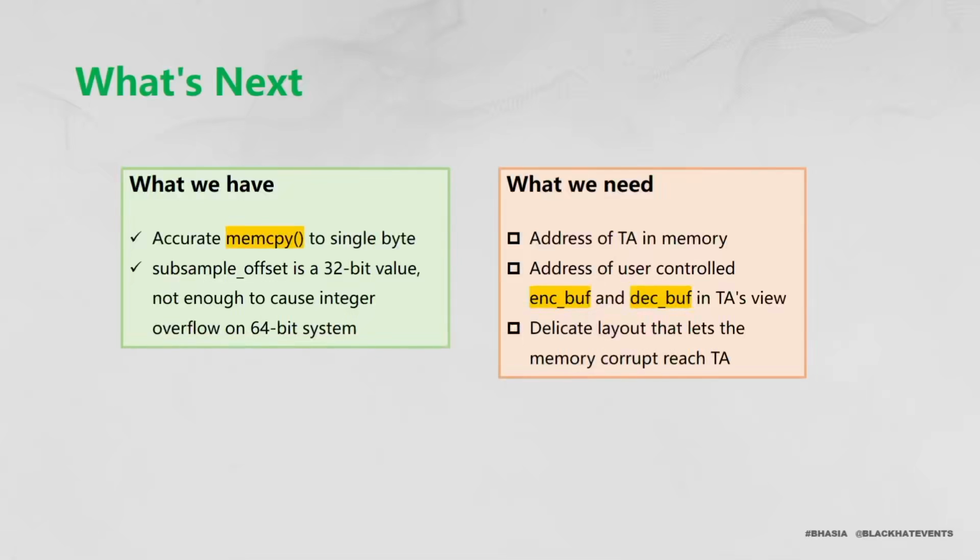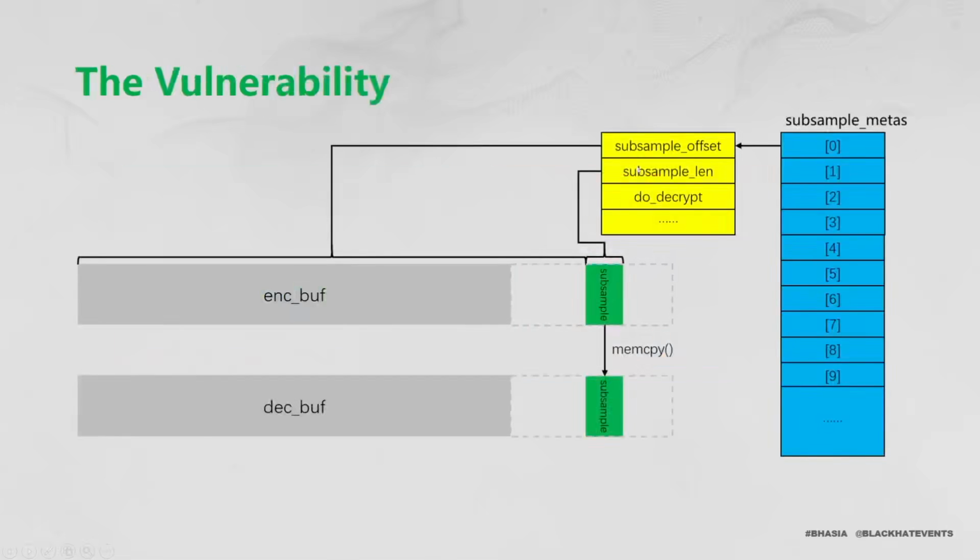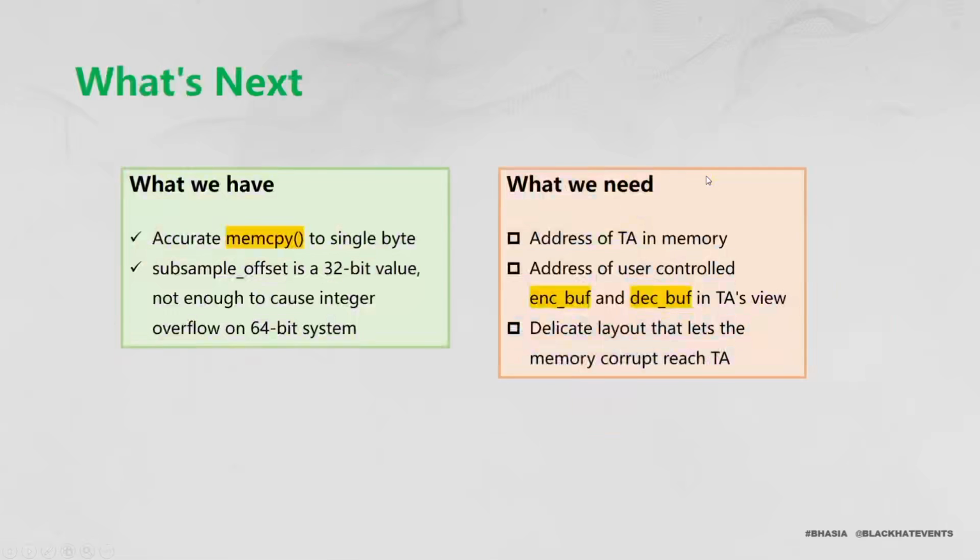The good news is it is accurate. It's a non-copy rather than memory smashing. So we can do very accurate memory manipulation, and if we let the length equal 1, we can make a single byte modification.